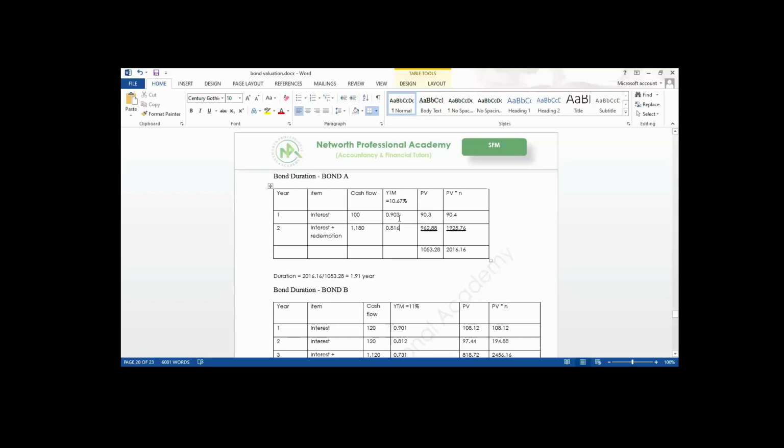When you have gotten the discount factor, then discount the cash flow to get the present value. 100 multiplied by 0.903, 1,080 multiplied by 0.816.